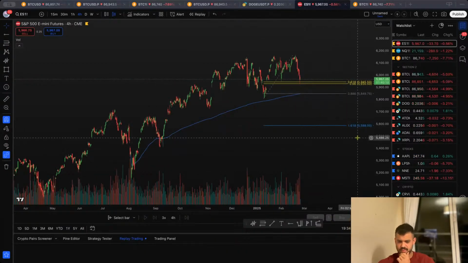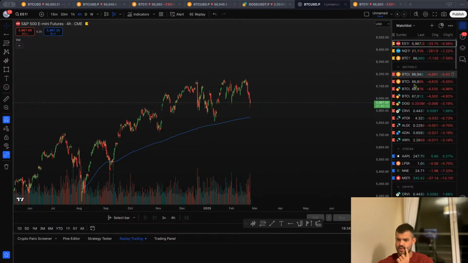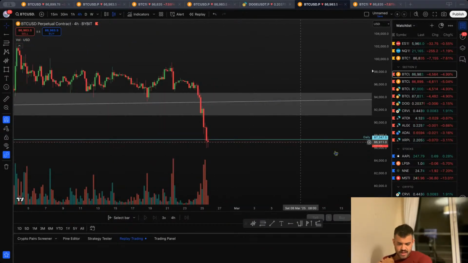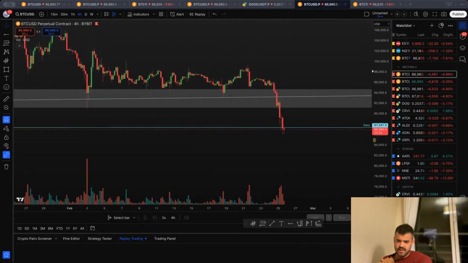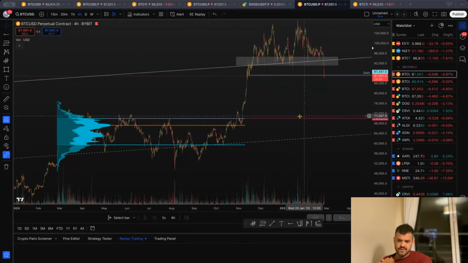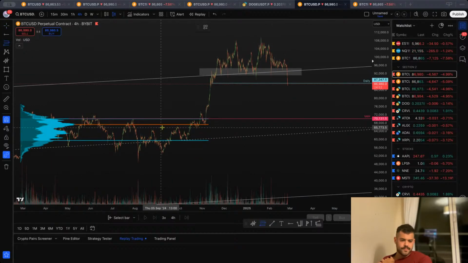So I hope I could help in some sort of way with looking at how Bitcoin will move. Look at that, that's a candle. Is that a candle close below the daily now? If it is, then we're going to look at a lower area of price in conjunction with the golden pocket.